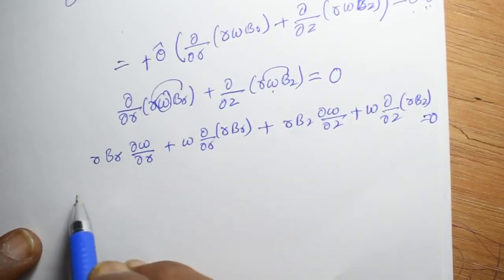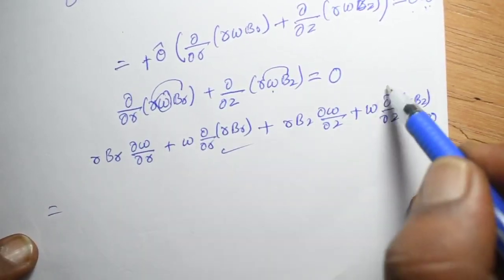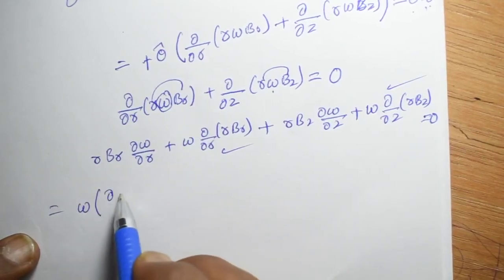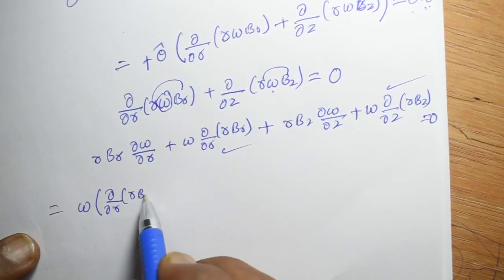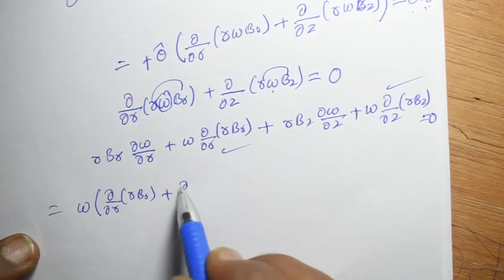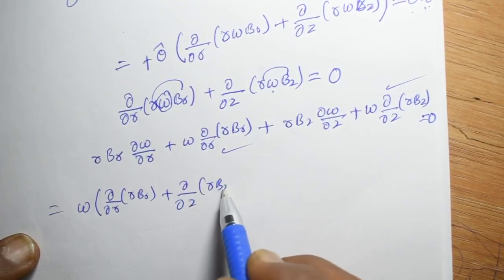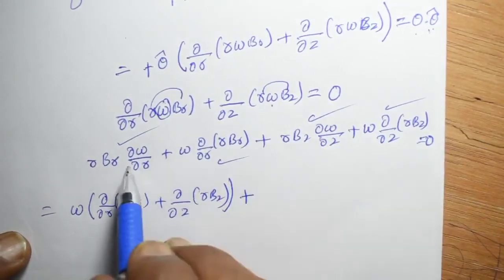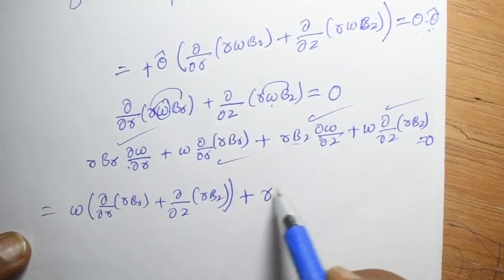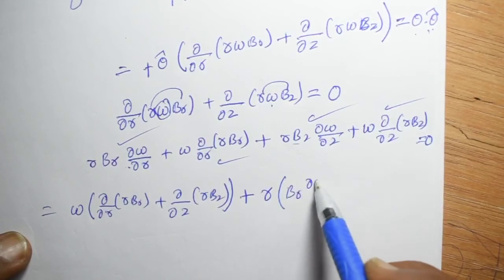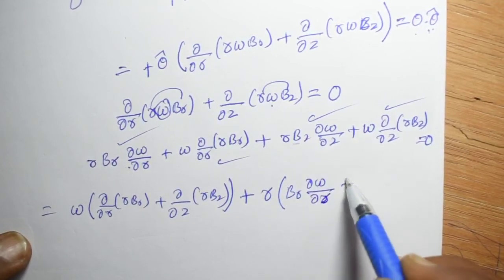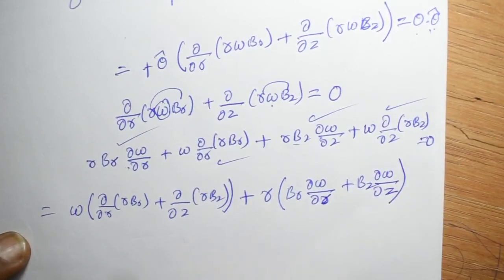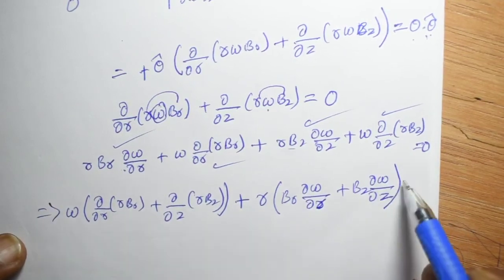Now, by separating the terms, you can take omega outside: omega into del by del r of r br plus del by del z of r bz, plus the remaining terms, this one and this one. From these two terms you can take r outside: r into br into del omega by del r plus bz into del omega by del z must be equal to 0.